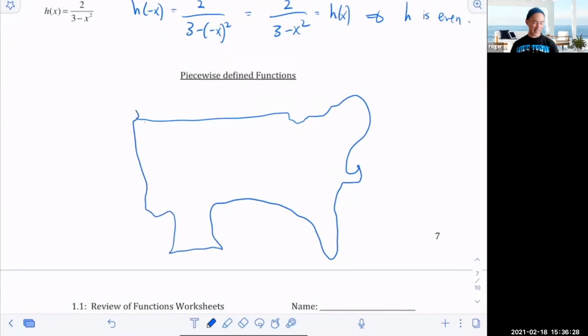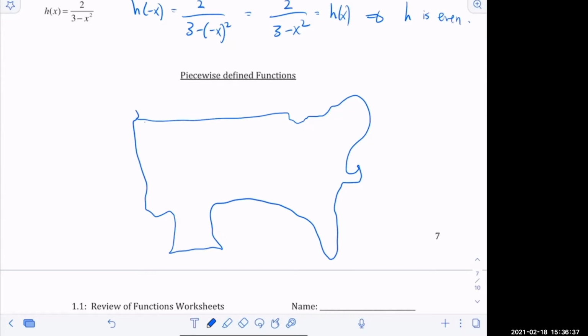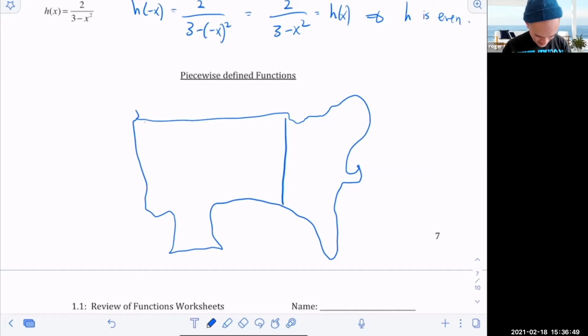Does anyone know what this is supposed to be? This is America's map. Yeah, America. And then I'm gonna cut my map into different pieces. So I cut it here. Let's just cut it in 3 pieces. Okay.